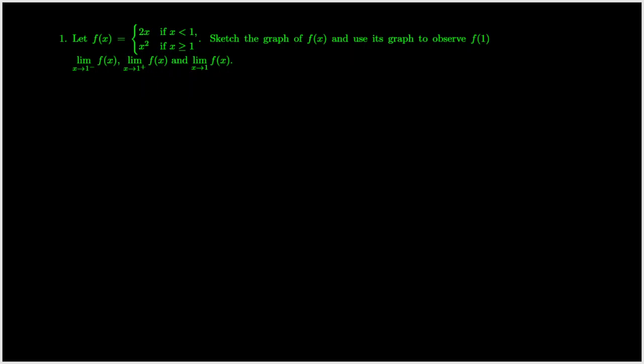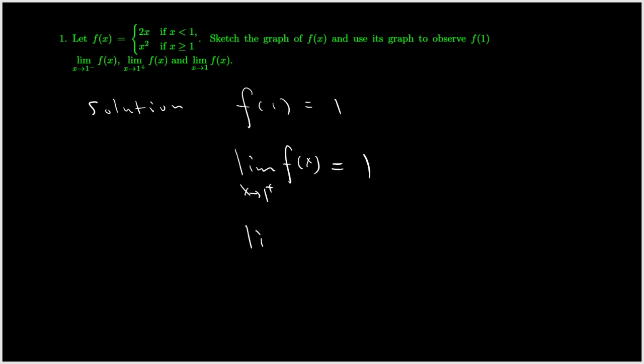Now for the solution, we just go over the answers. The value of the function at 1, you told me, is 1. The limit of the function as x approaches 1 from the right is equal to 1. The limit of the function as x approaches 1 from the left is equal to 2.